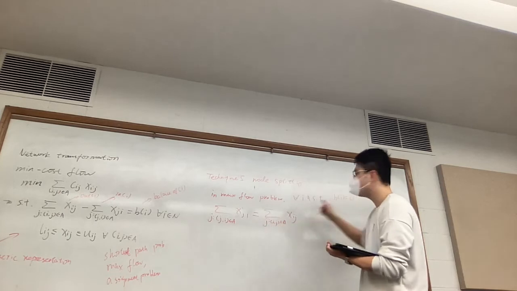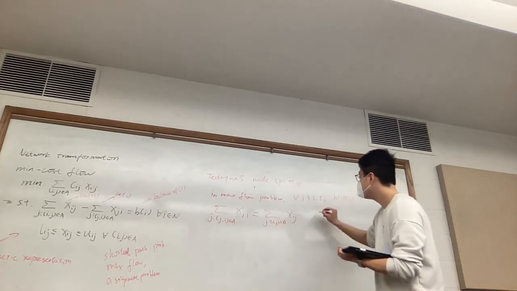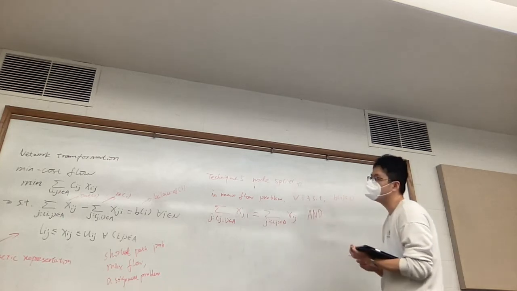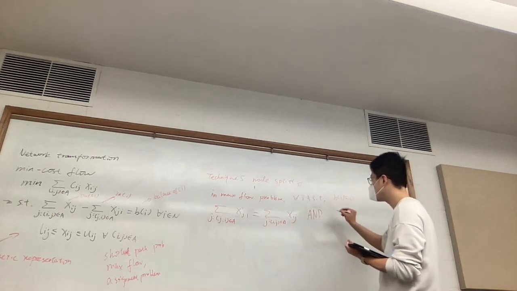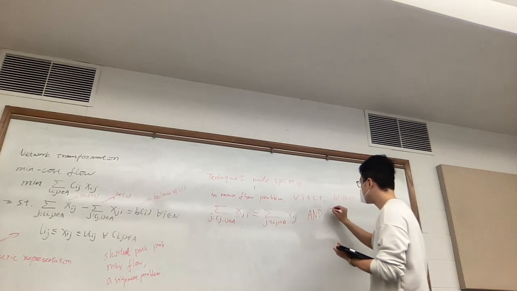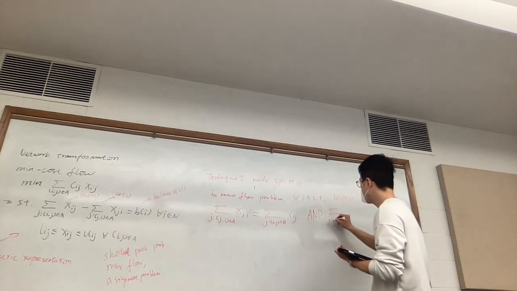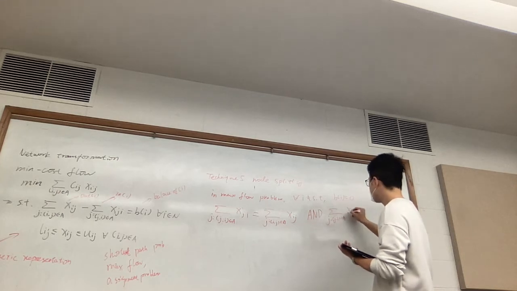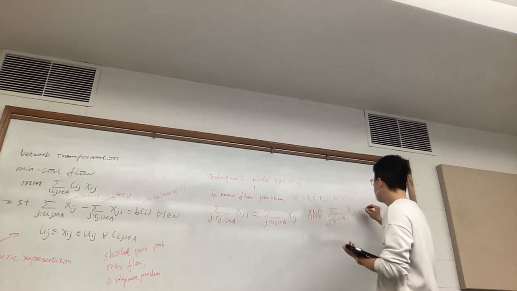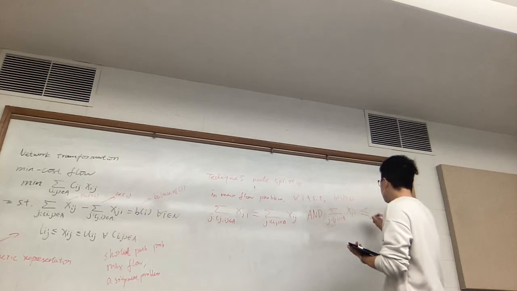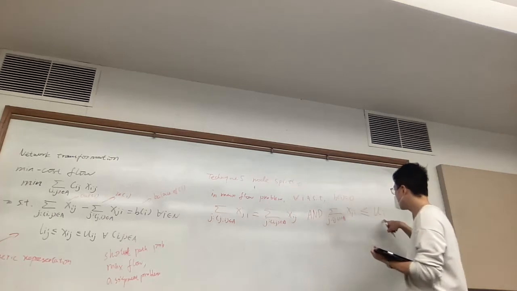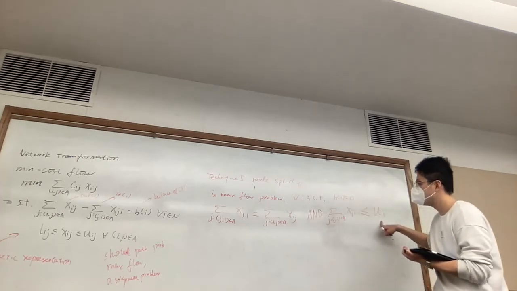This explains bi equals 0. However, in some problems, there might be one more constraint: the sum over j of xji should be no more than some value ui. Then what should we do?